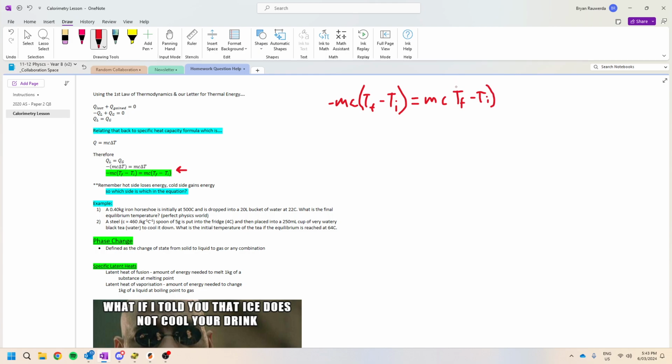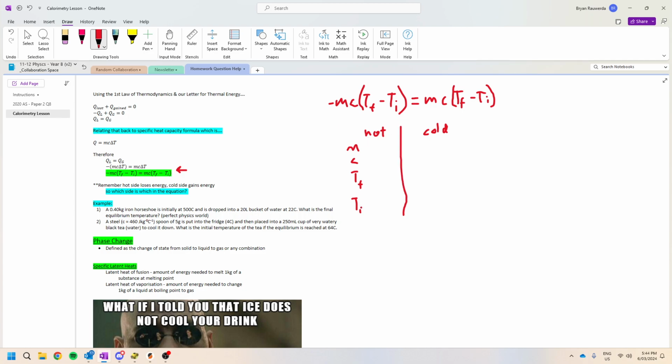Horrible brackets. Alright, so we're going to have our hot side and our cold side. We're going to have our negative side, which is basically our hot. So we've got hot and we've got cold. On the hot side we've got basically m, c, Tf, and Ti, and that's our hot, and that's our cold side.